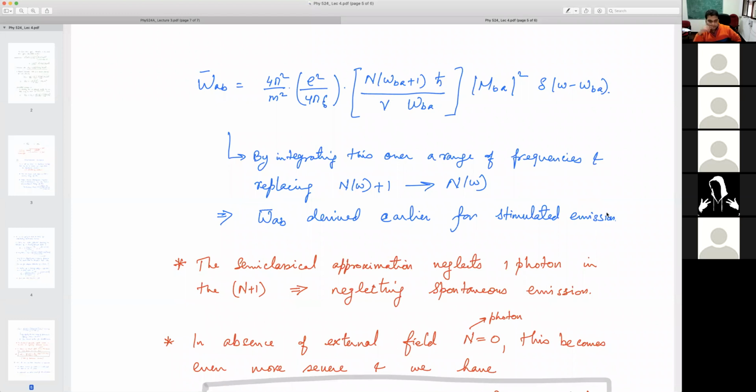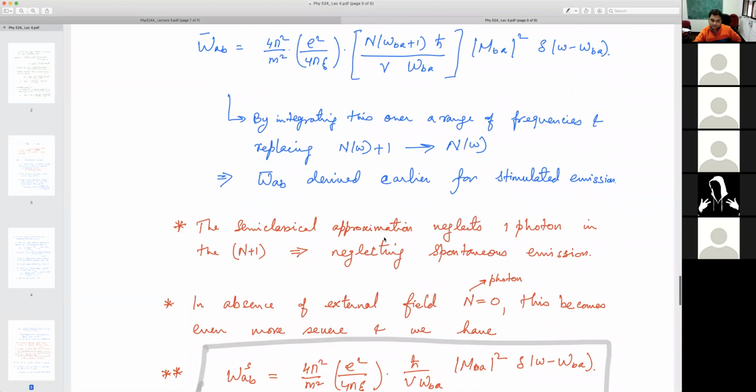The highlight here is that the semi-classical approximation neglects one photon in the n omega plus 1. This plus 1 is what will give you the spontaneous emission, a purely quantum mechanical effect of light. You cannot have this in a semi-classical theory.